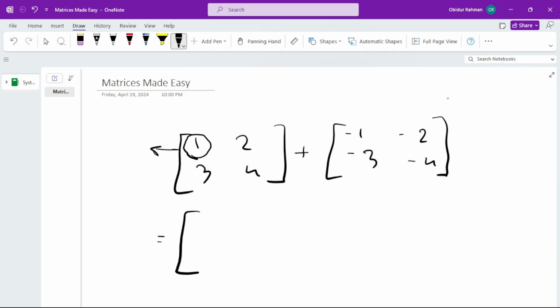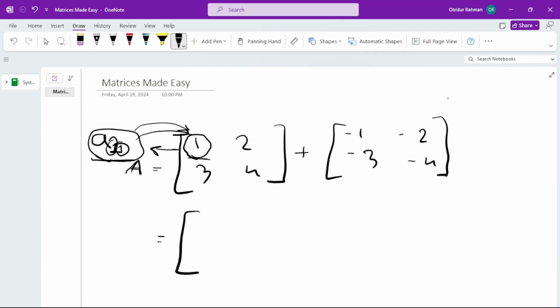The position of an element inside a matrix, we write with subscripts, like first row, first column. If the name of the matrix is A, by A11 we mean from the A matrix the first row and the first column. The first row and the first column is 1. So this position indicates this number.